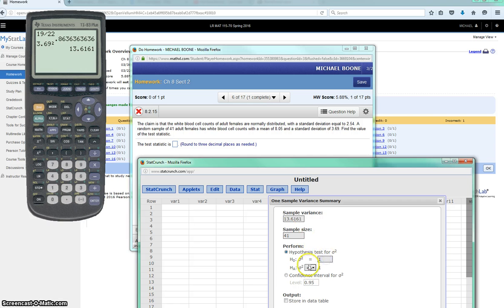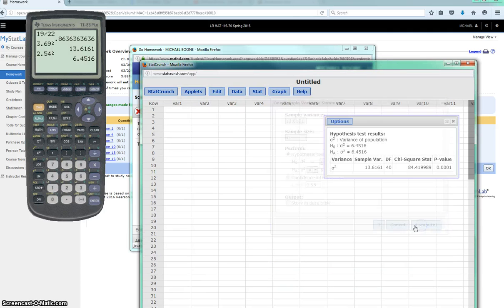So I also need to figure out what the hypothesized variance is. So that's this 2.54. So again, let's square it. And 6.4516. And it doesn't say less than or greater than anywhere, so we're going to assume that it's a not equal to.